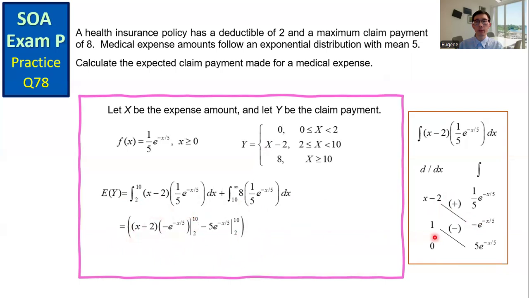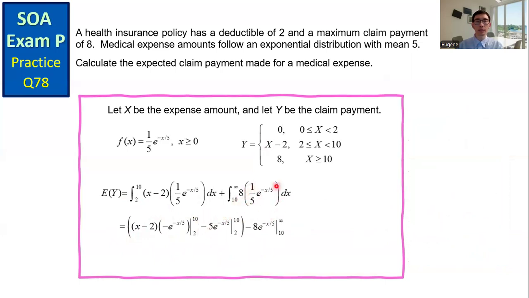And then the second term, 1 times 5 times e to the power minus x over 5 times negative 1. The second term is the standard integration with an exponential function. Evaluate the expression by substituting the upper and lower limits.